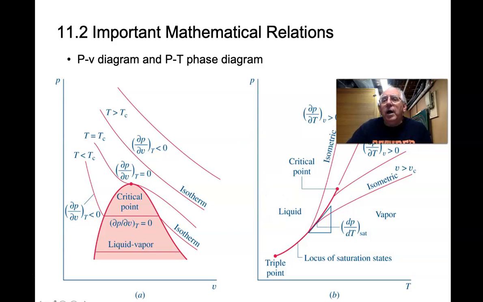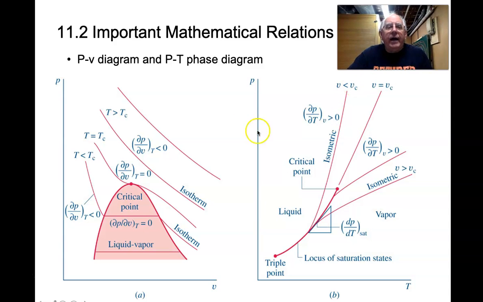And so when we have that, and we're very familiar, hopefully, with this particular chart, what this tells us is for substances that behave like this, we see that along an isotherm, along a constant temperature, the partial of pressure with respect to volume is less than 0.